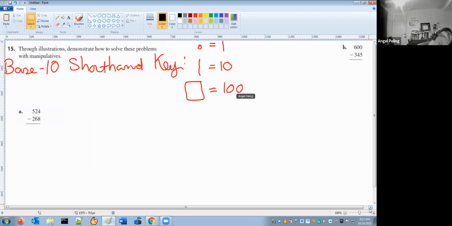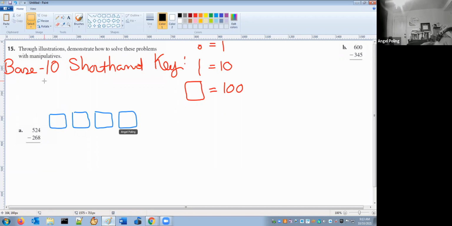Okay, so what we have then in 524, take away 268, we have 5 hundreds. So you want to show the original value, 2 tens, and 4 units.